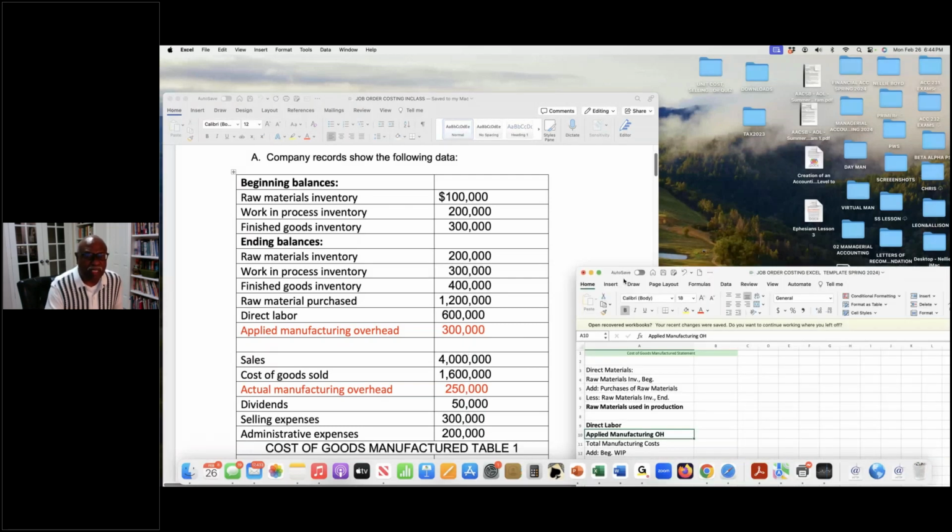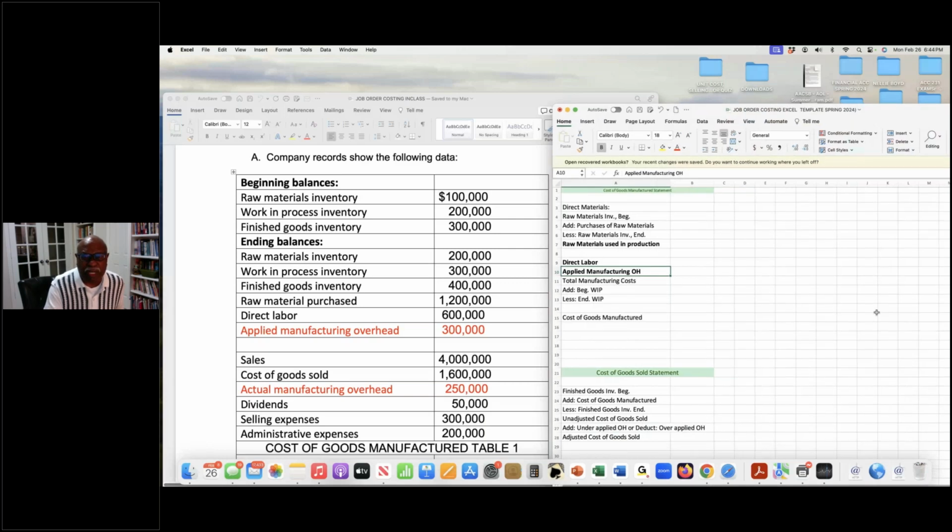So let's look at this problem if we were doing a statement. In this case, we did have raw materials beginning inventory, so we just simply pick up the 100,000. Add the raw material purchases, 1,200,000.